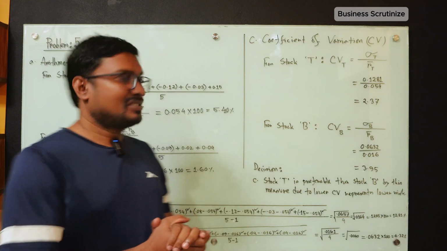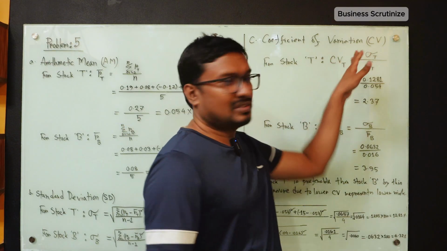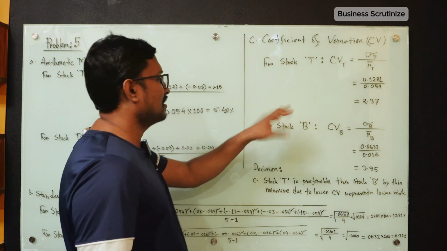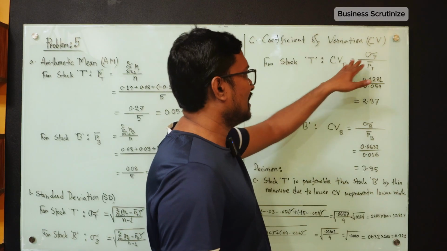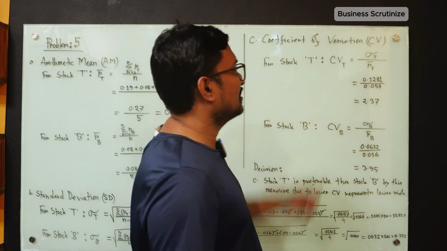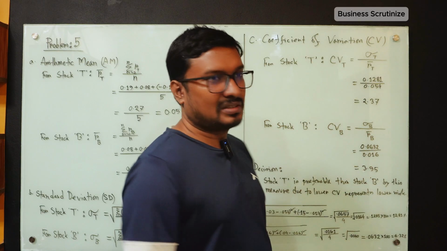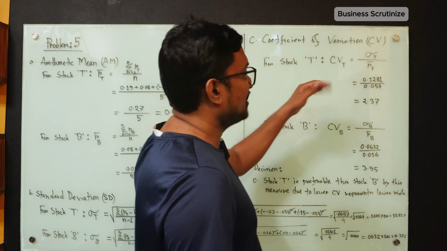Now in requirement C, you can see the coefficient of variation, written shortly as CV. We have two stocks, stock T and stock B. For stock T, it is CV T, and the formula, as you can see, is the relativity of the standard deviation and the return, or arithmetic mean. So mean return.